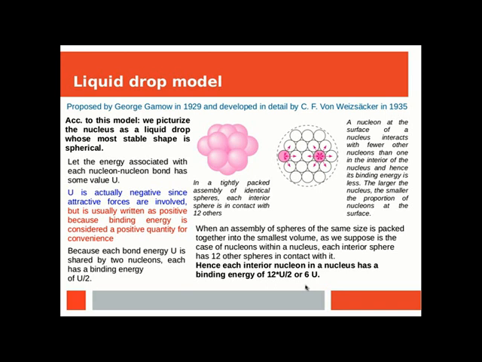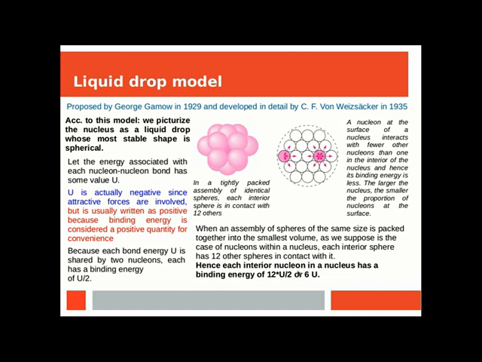According to the liquid drop model, we already know that the binding energy per bond is u by 2. We are considering nucleons to be small spheres which are arranging themselves in a spherical manner.